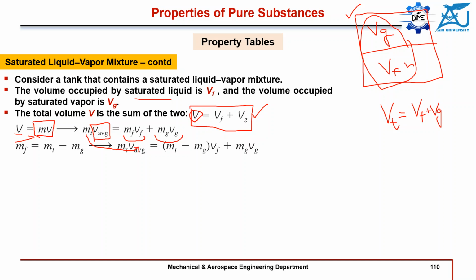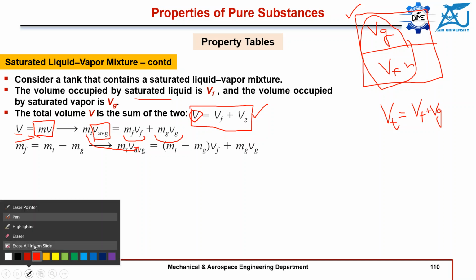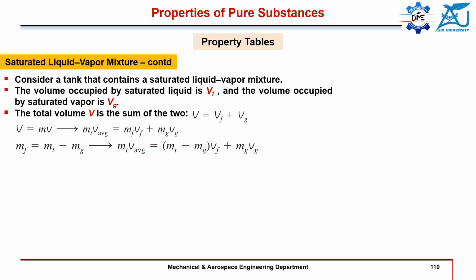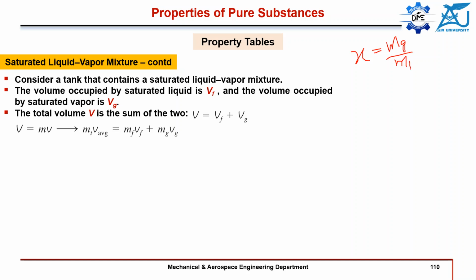Okay, so if I take this mt from here and bring it down to divide, it will become, let me clear. Before that, I can write this. Remember that x is equal to, what is the value of x? x is equal to mg over m total. Remember this, quality x is defined as this.